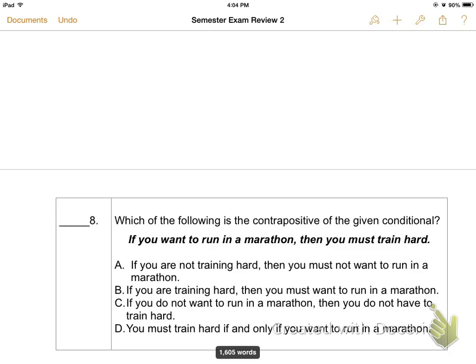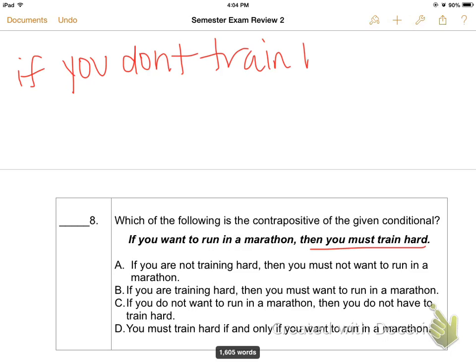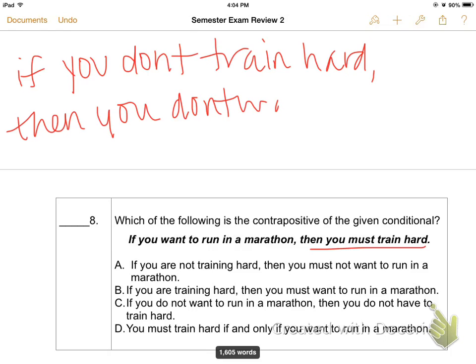Okay, number 8. Which of the following is the contrapositive of the given conditional? Now, contrapositive, you're going to do both of these. You're going to add not, and you're going to switch. So, you're going to start with this one. If you don't train hard, then you don't want to run a marathon.